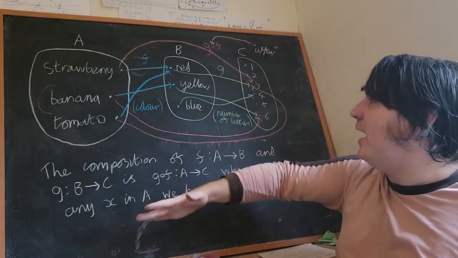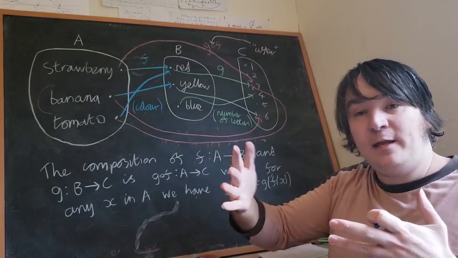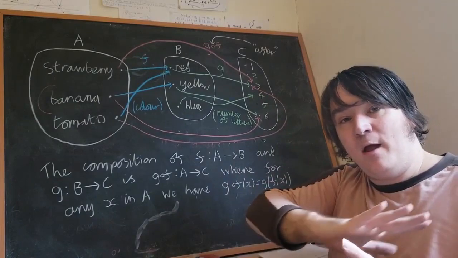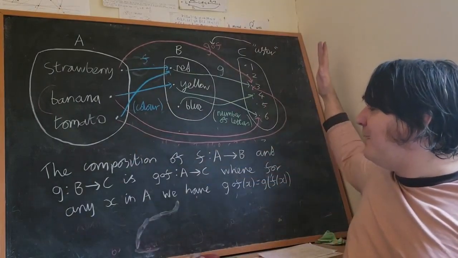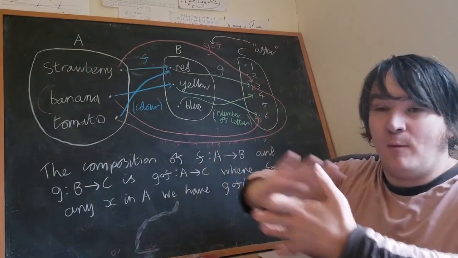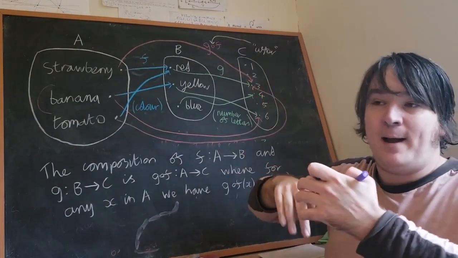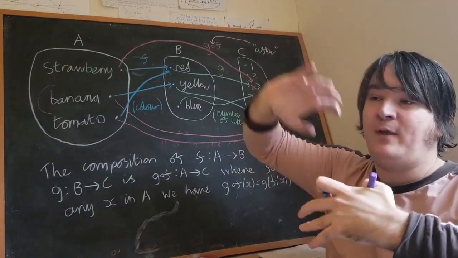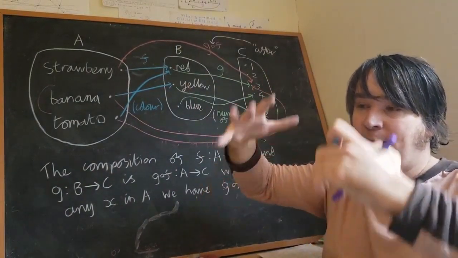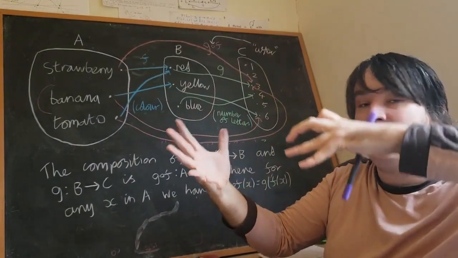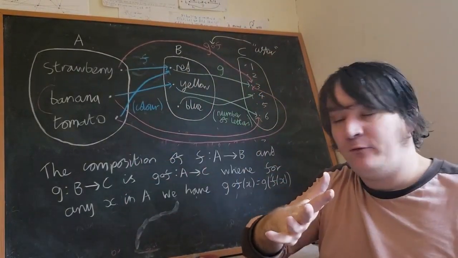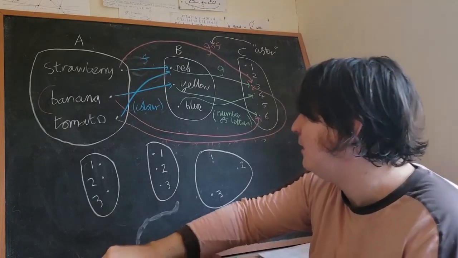If you're new to these ideas, I really strongly recommend that you sit down and do lots of examples, thinking about how you can compose functions. You can think about functions which go from a set to itself and think about how they give you an idea of dynamics in some sense.